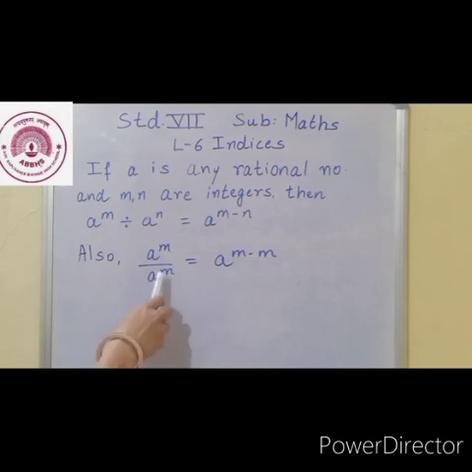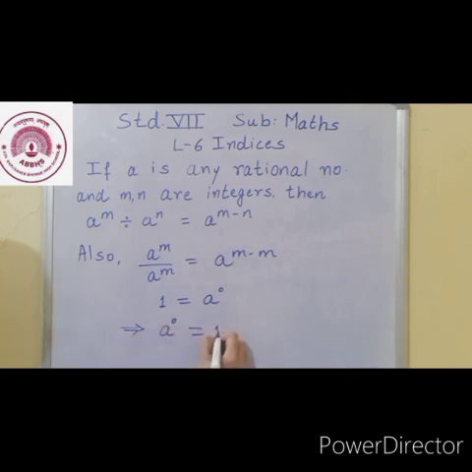So, they cancel out with each other and we get 1. And a raised to the power m minus m becomes a raised to the power 0 or a naught, and a raised to the power 0 or a naught equals 1. This is another rule.